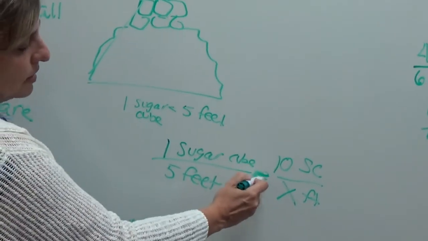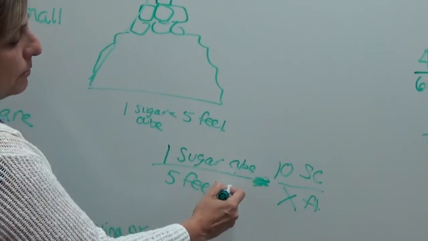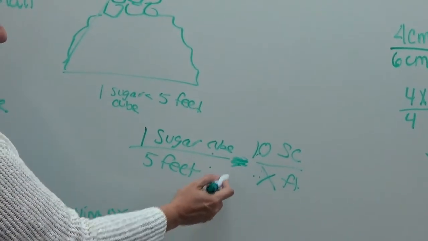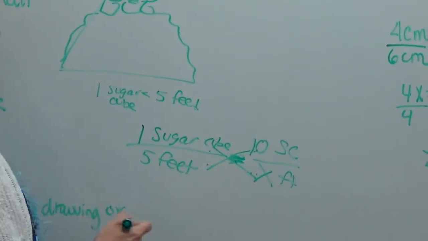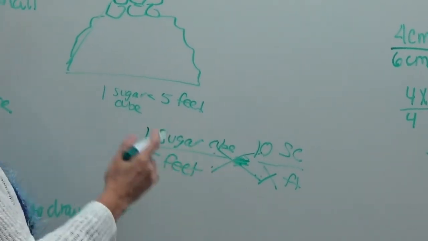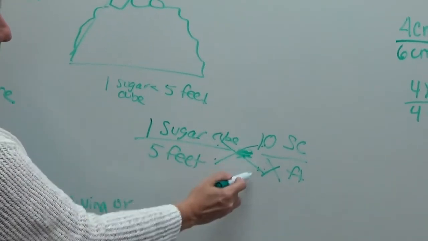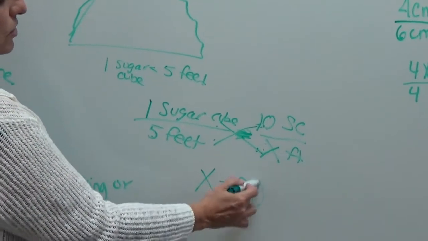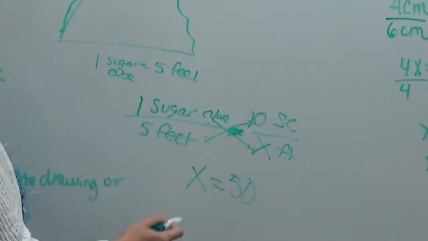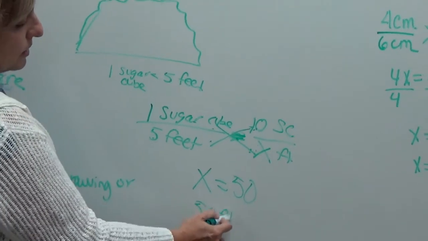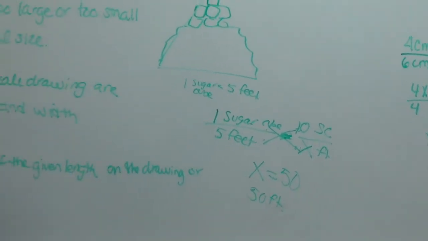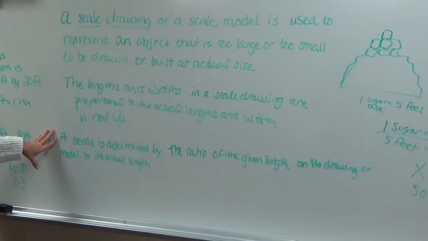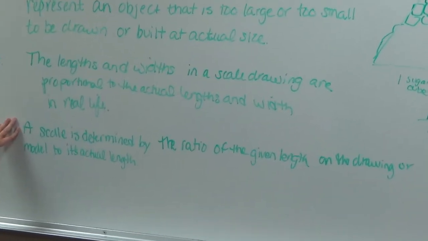A proportion has an equal sign in the middle, with a fraction on either side. You can cross multiply them, and they will be equal. So 1 times X is X, 10 times 5 is 50. So for every 10 sugar cubes, that's 50 feet. Does that make sense?